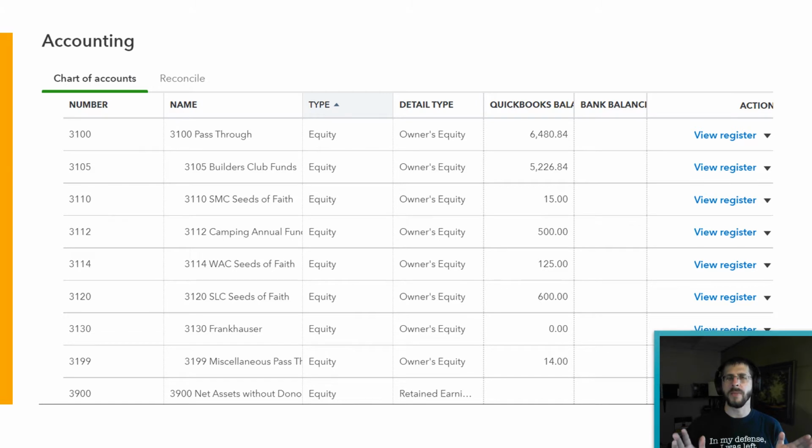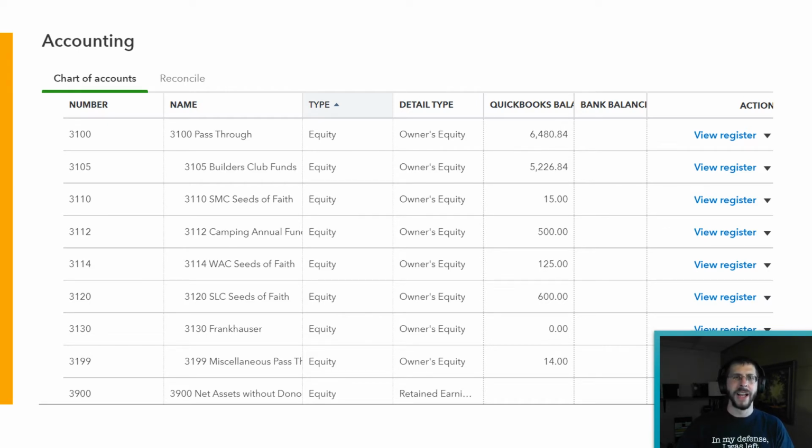So I try to keep my books according to generally accepted accounting principles, or GAAP, because every year I get an audit from a CPA. I know a lot of churches don't get an audit from a CPA, so you have a little more latitude to do things in a way that might be easier to understand. But for me, what I do for donor restricted funds is keep track of the income and expenses in the non-operating part of the profit and loss, in that other income section.